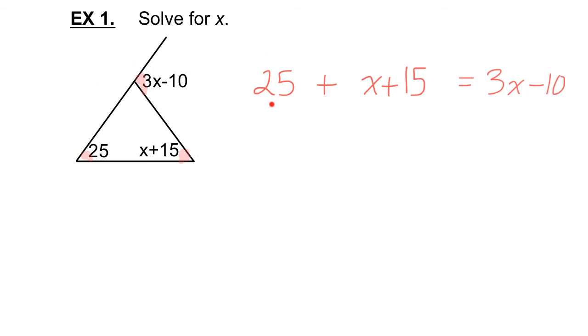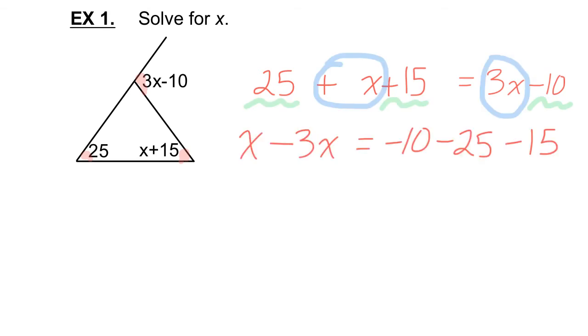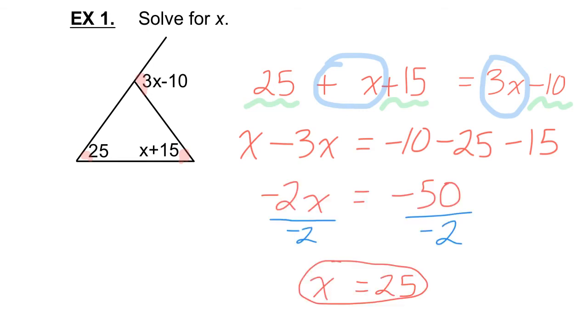So now that I have an equation, I can solve for x using my algebra. So I have to identify my like terms, collect my like terms, simplify, and solve.